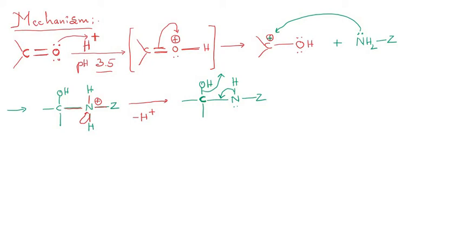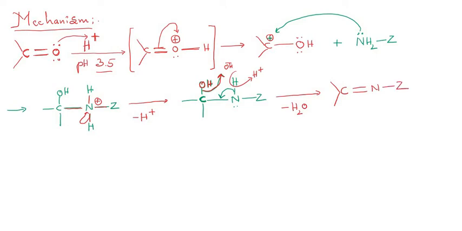So what we have removed here is this H going in the form of water, H plus, and this OH is going in the form of water, OH minus. So altogether we are eliminating a water molecule, as I have already told you that there will be loss of water molecule, and then we will be having our product, that is C double bond N, then followed by what?